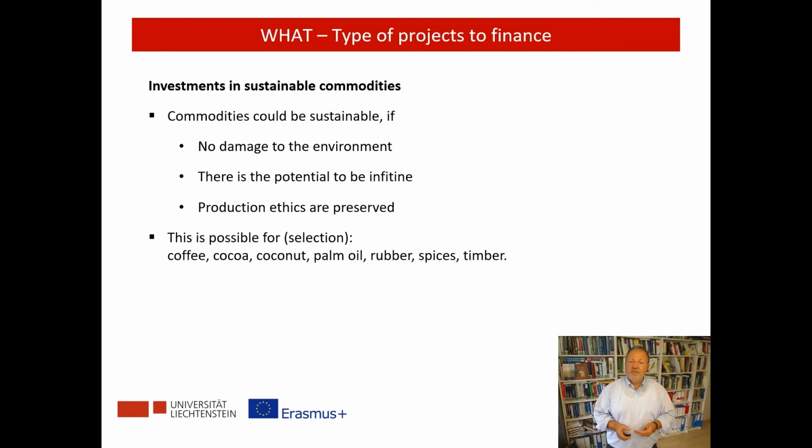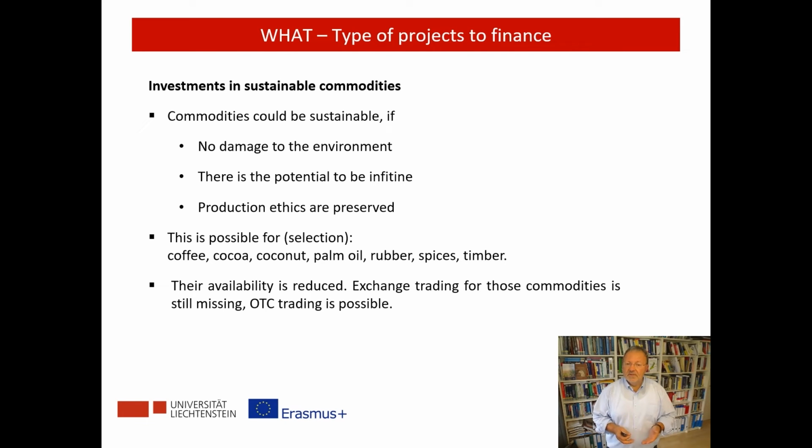This is possible for, and this is just a selection, coffee, cocoa, coconut, palm oil, rubber, spices, timber. The availability is reduced. Exchange trading for those commodities is still missing. So it's OTC, over-the-counter trading.